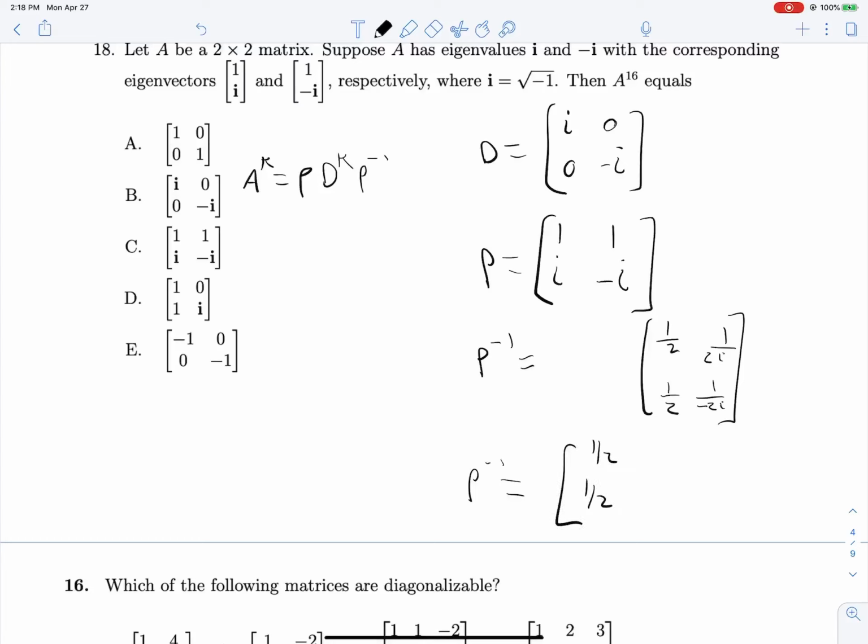Now if we want to rationalize these, we can say that P inverse is equal to 1/2, 1/2, those are good, and then let's multiply the top and the bottom of both of these fractions by the conjugate of that i, so -i. We get -i over 2i times -i.